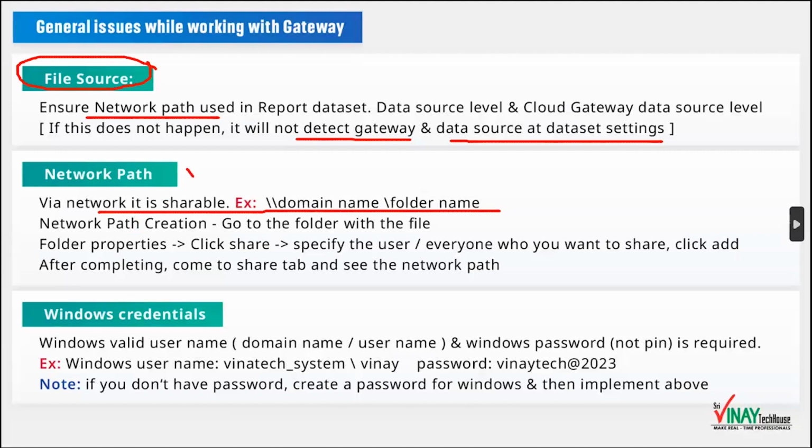How to create a network path? I clearly mentioned. I'll be sharing the screenshot on your WhatsApp. Windows credentials: don't use PIN or any other, use only password. So majorly these two, if you follow 100%, the gateway will run properly. That's it about gateway generic issues while practicing in the lab.